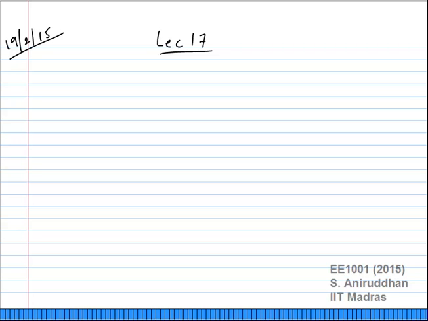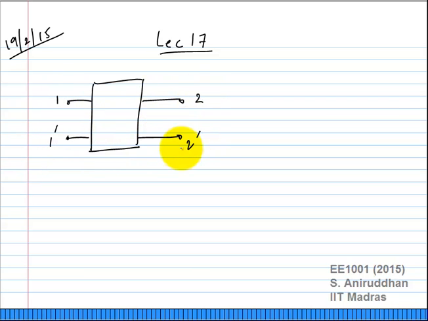So the basic idea is, I have port 1 prime, and port 2 which is 2 prime. I'll take a resistive two port. So if you had to state reciprocity in very general terms, what are you trying to do?